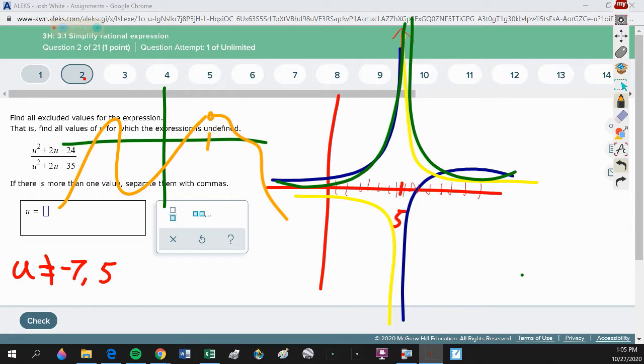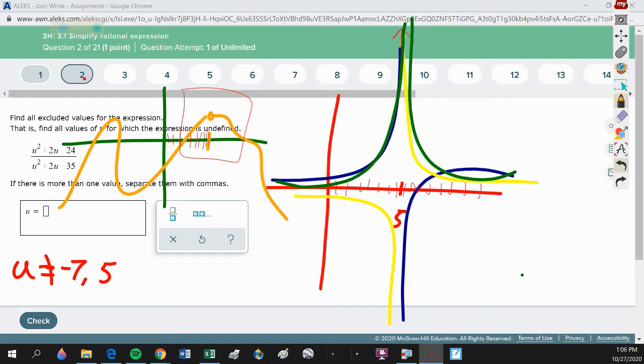So if 5 cannot be plugged in, there are 3 reasons why. Either there's a vertical line there and the graph goes in opposite directions, or it goes in the same direction, or it just jumps over it. With this graph, your calculator's not going to show you that gap. But you could plug in 1, 2, 3, 4, 4.5, 4.9, 4.99. All of those work.